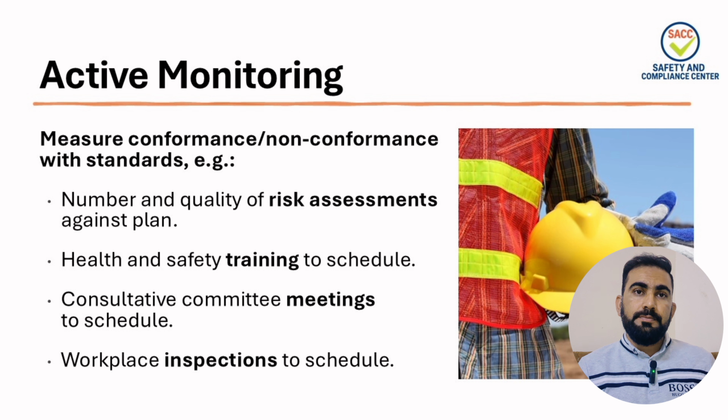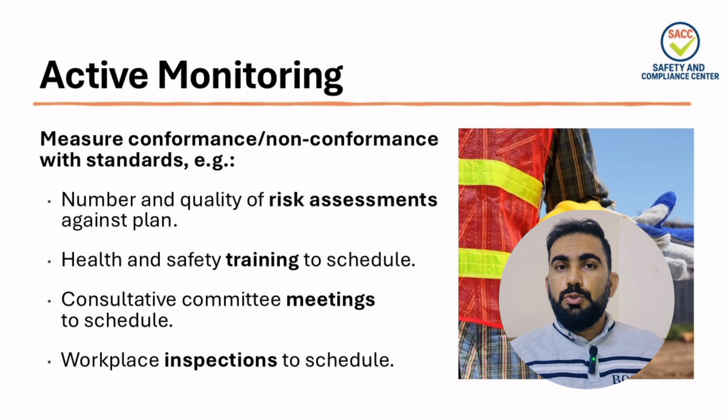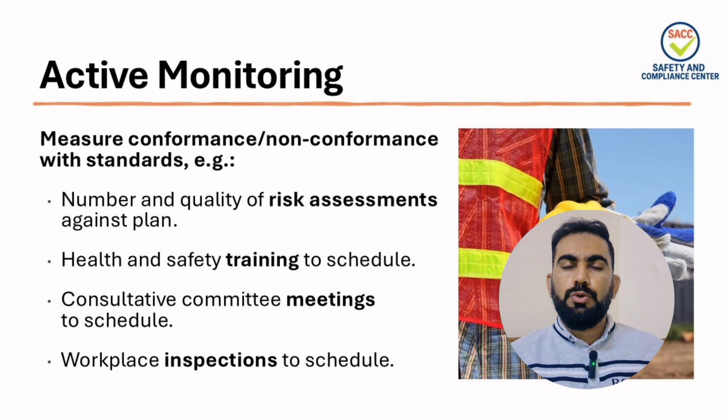Active monitoring can include safety inspections, sampling, and tours. A safety inspection is a detailed check of the workplace that makes sure everything is safe and meets the legal requirements. Safety sampling takes smaller representative checks to quickly see compliance. Safety tours are a more visible, high-level walk around, often done by senior managers to show leadership, engage with the workers, and check the overall health and safety culture of the organization.